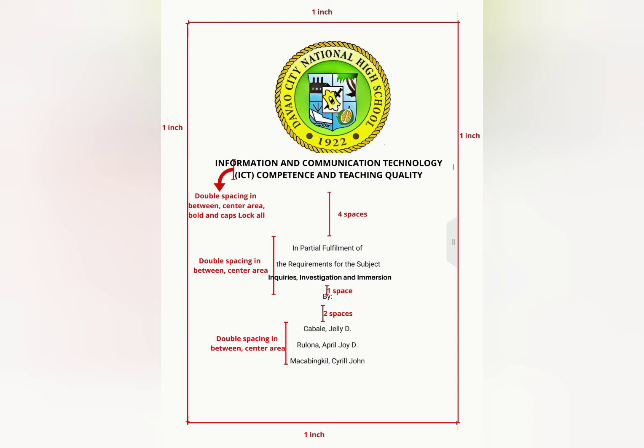Your title should be double spaced, written in bold letters, and all caps. The next sentence, which is "in partial fulfillment of the requirements for the subject Inquiries, Investigations, and Immersion," has four spaces before it.